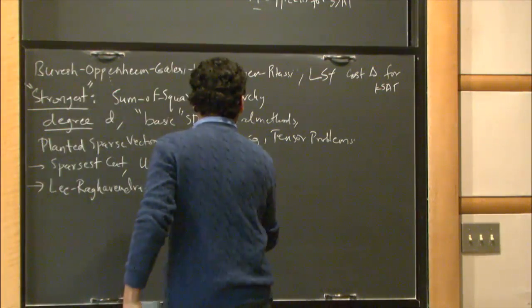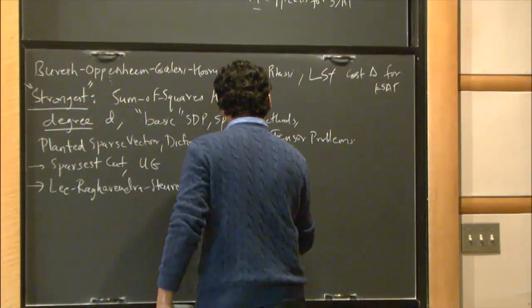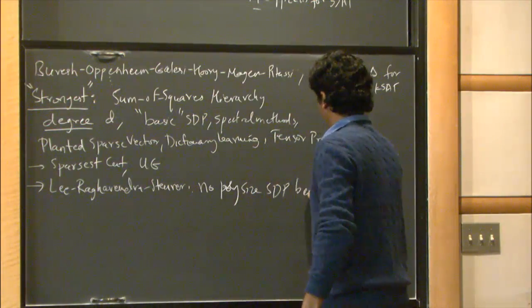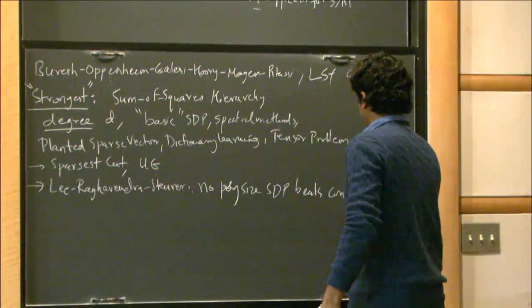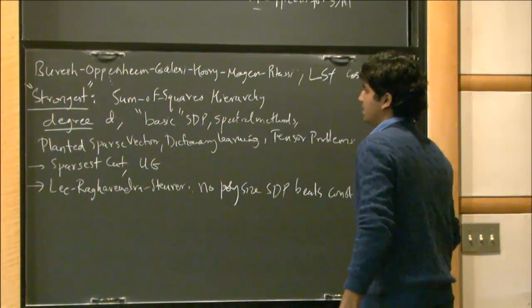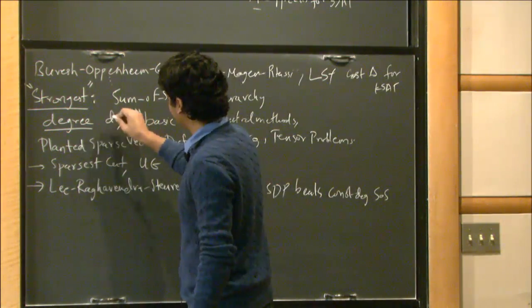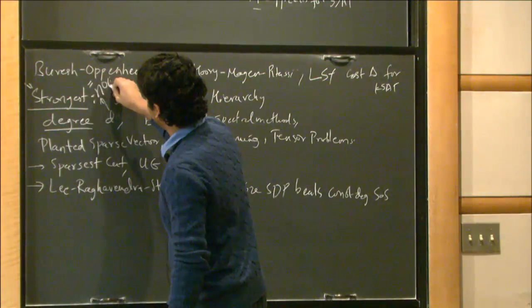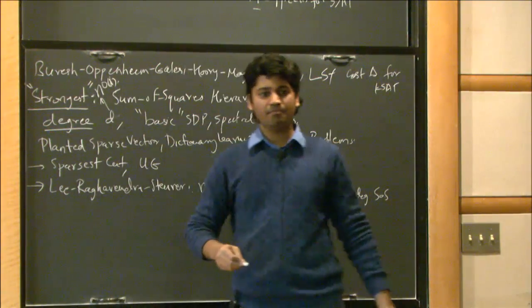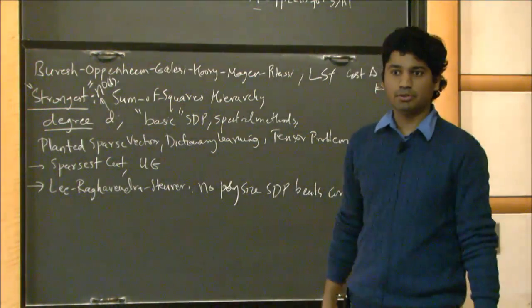So no poly size SDP beats constant degree sum of squares. For degree d, the running time is n to the O of d, which means constant d corresponds to a polynomial time algorithm from this hierarchy.